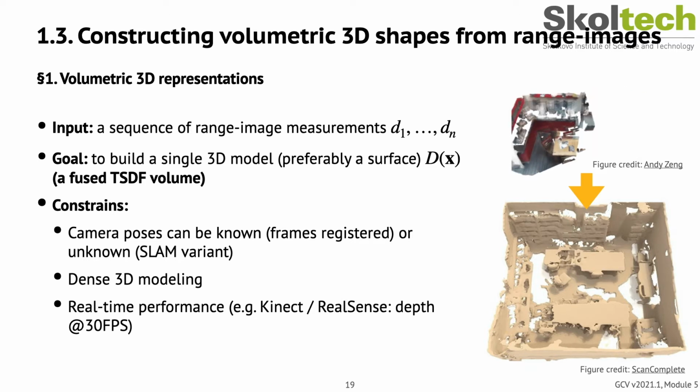For example, in this case, there is a room built using a technique called BundleFusion from a series of RGBD scans. You can see there are walls and chairs and the floor, there are tables and sofas. So you can build entire large-scale, high-resolution, dense 3D models of large scenes using such methods.